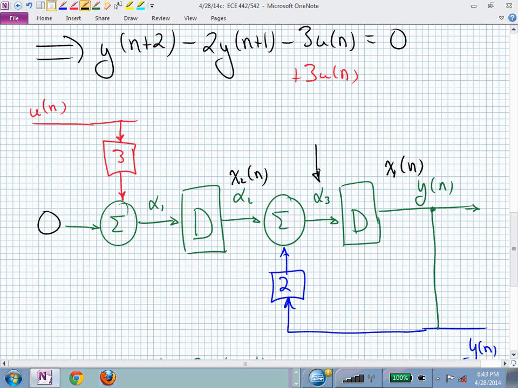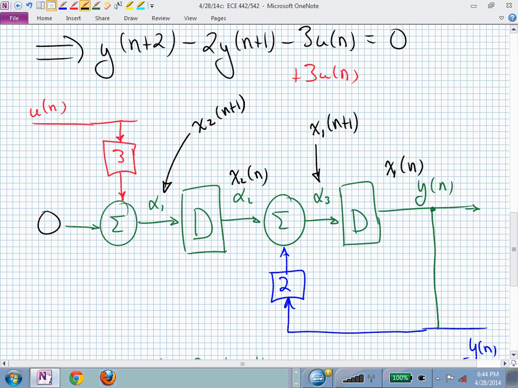Is it clear that this signal is x sub 1 of n plus 1? And this signal, the way I have defined my x's, that signal is x sub 2 of n plus 1.